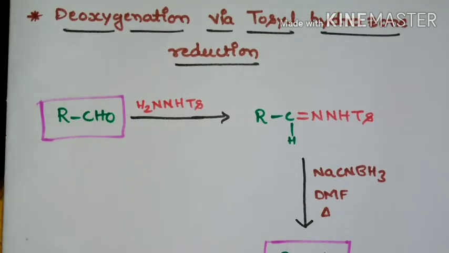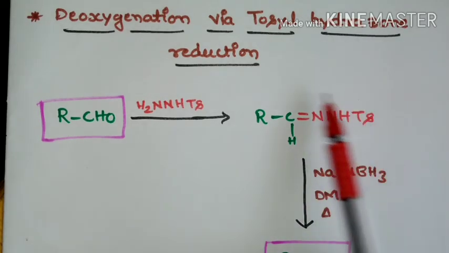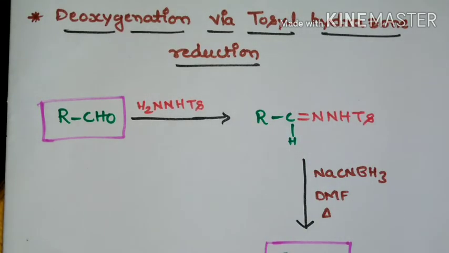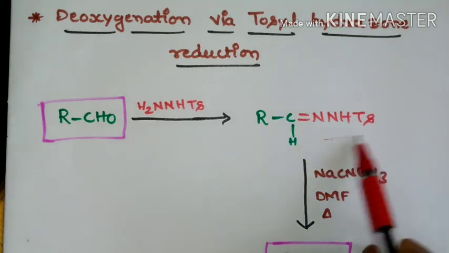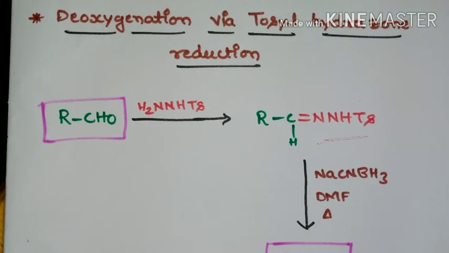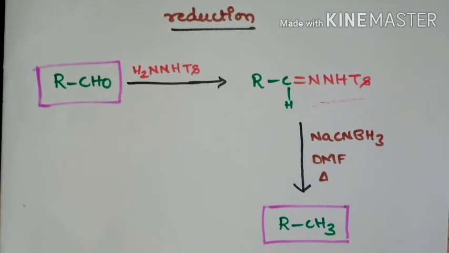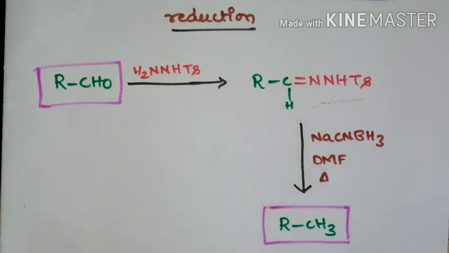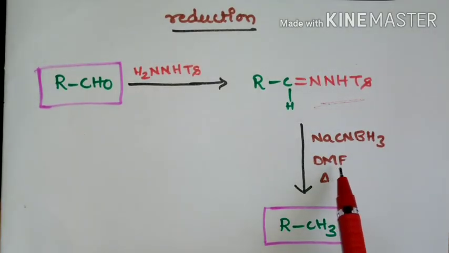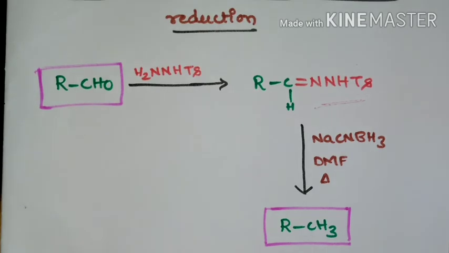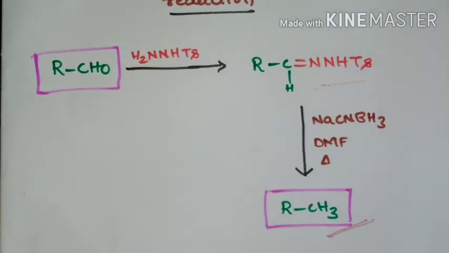Aldehyde upon treatment with tosyl hydrazine is going to form an intermediate tosyl hydrazone. So this tosyl hydrazone will undergo reduction in the presence of sodium cyanoborohydride in DMF under heating conditions. This is known as deoxygenation via tosyl hydrazone reduction.